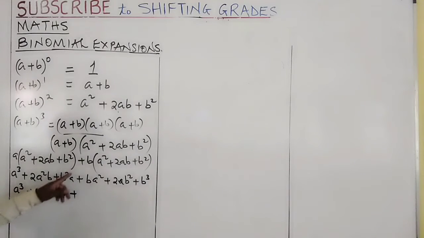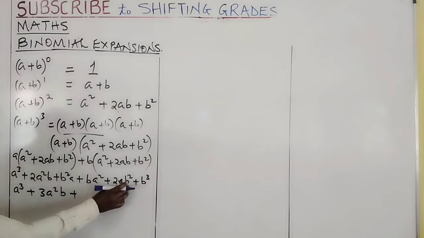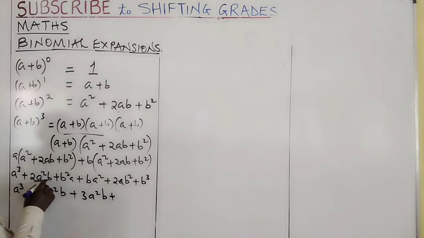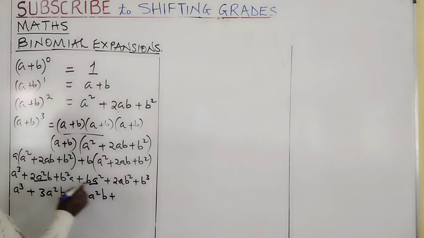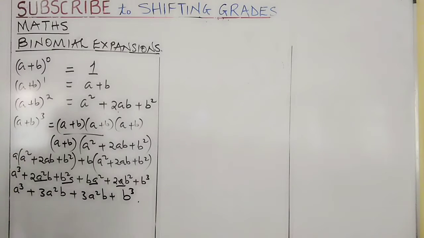Then b squared a and another 2a b squared become 3a b squared. And b cubed remains. Therefore, the expansion we get is this one.